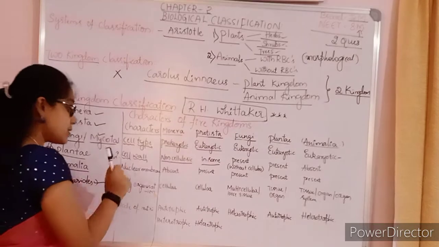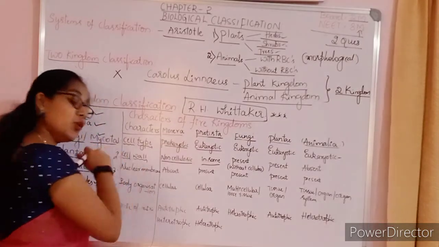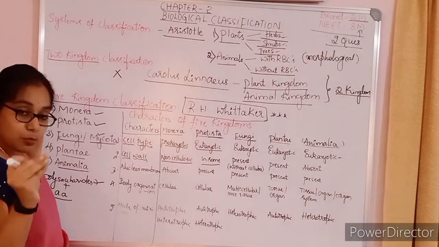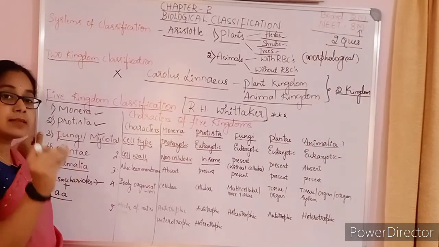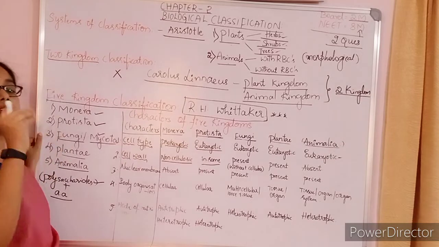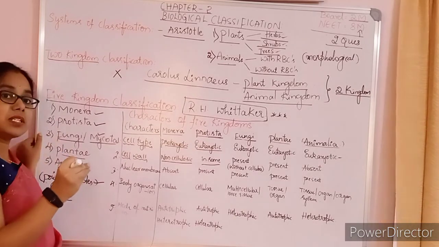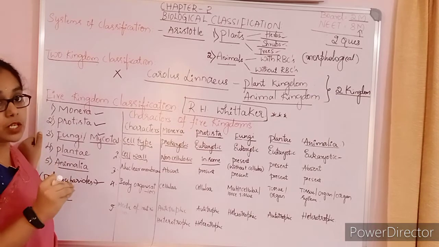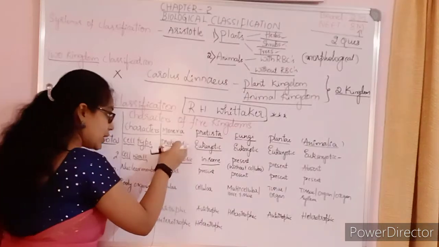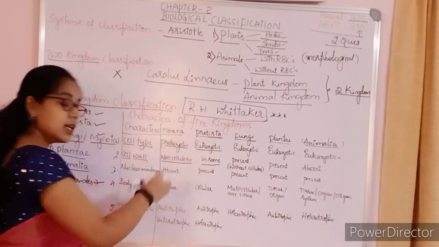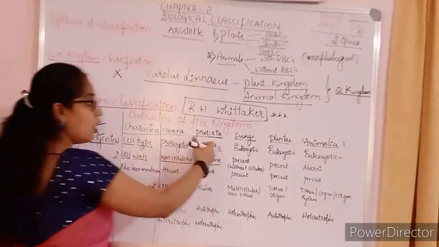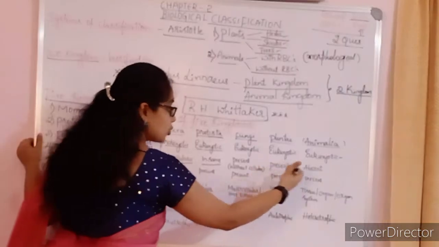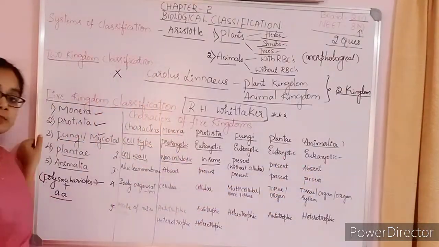Similarly, for the nuclear membrane character, remember that in prokaryotes the nucleus is highly primitive in nature. When it is primitive, it doesn't require a nuclear membrane, so prokaryotes do not have one. But all the remaining are eukaryotes. They require a nuclear membrane, so it is present.